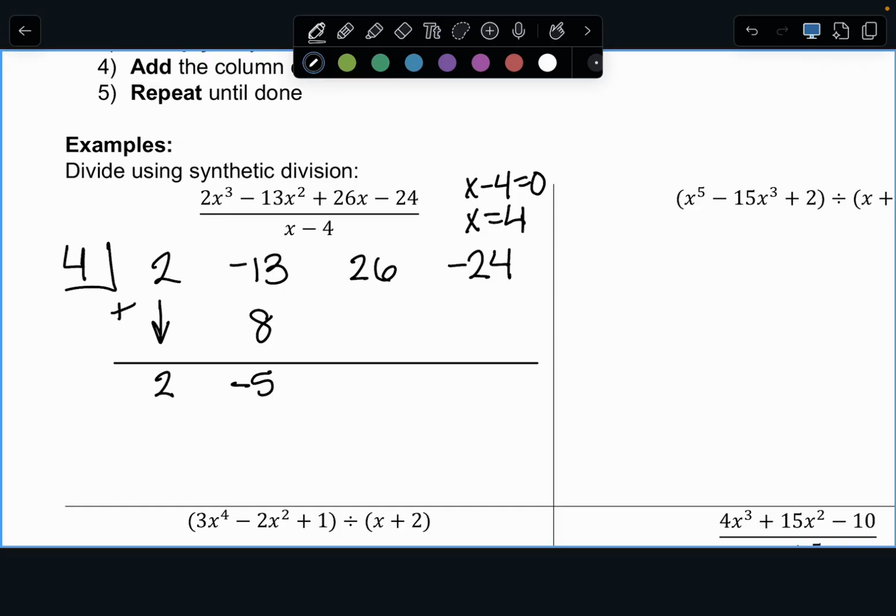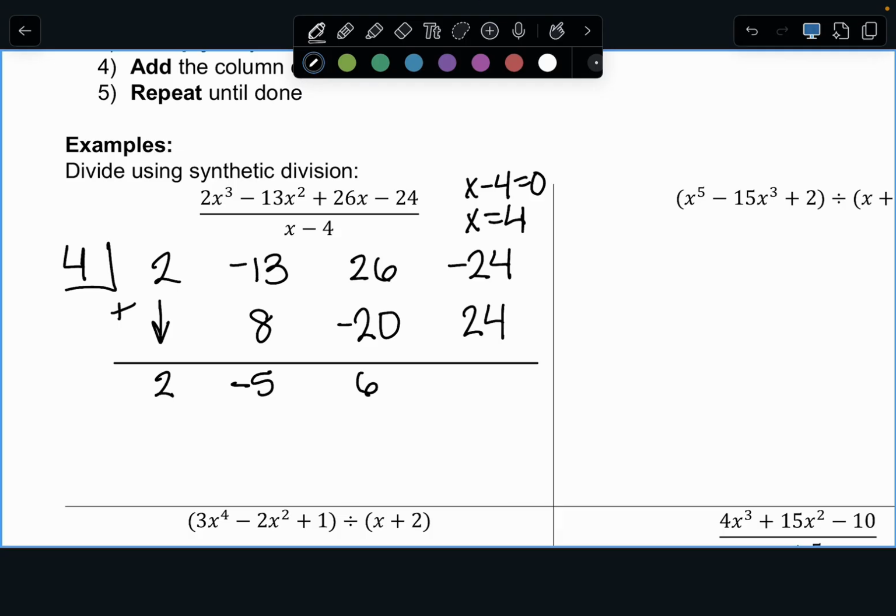We repeat that process until we get through our last column. So negative 5 times 4 is negative 20. We stick that in the next column. We add 26 plus negative 20 is positive 6. We multiply 6 times 4, 24.